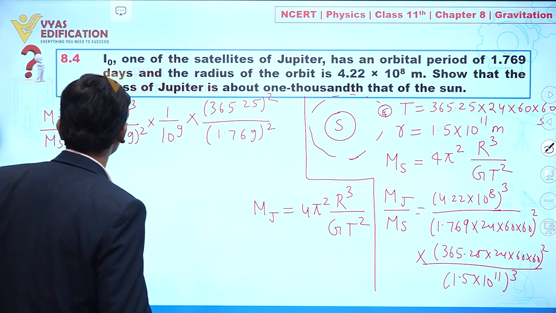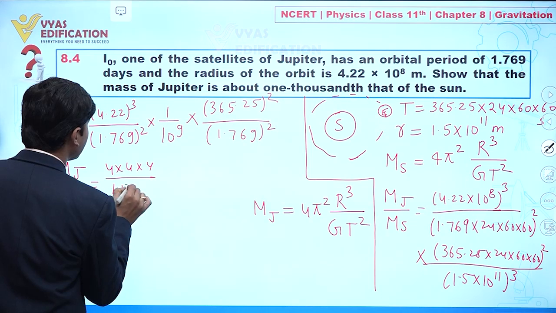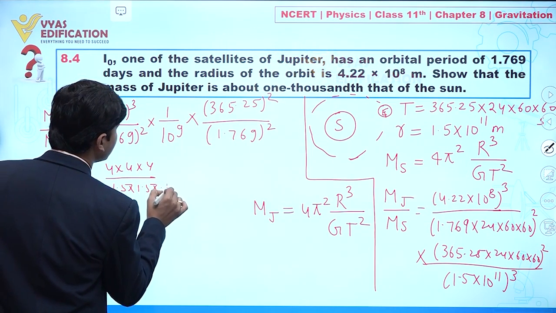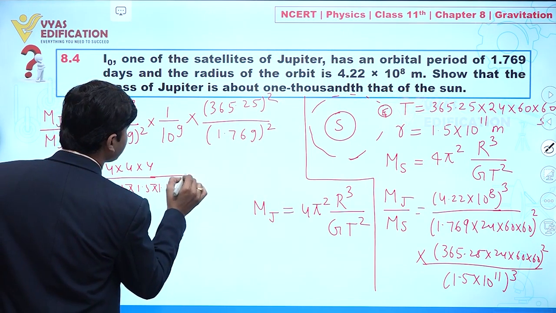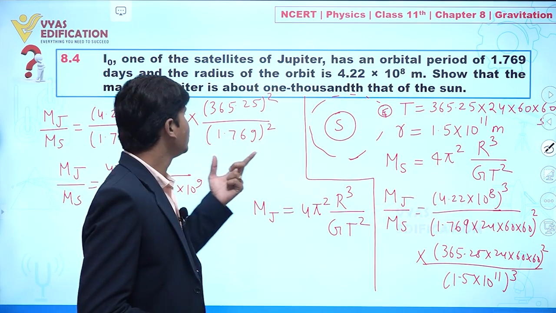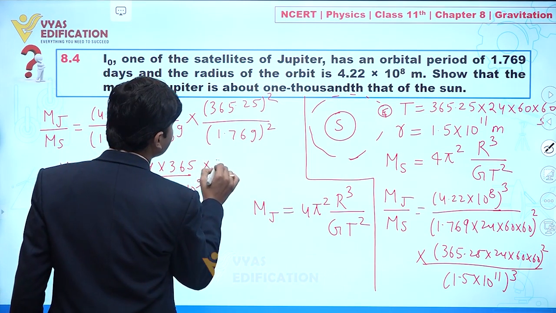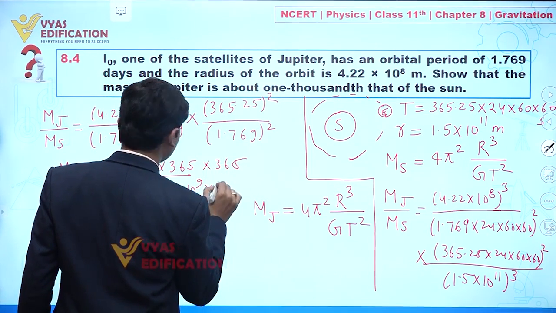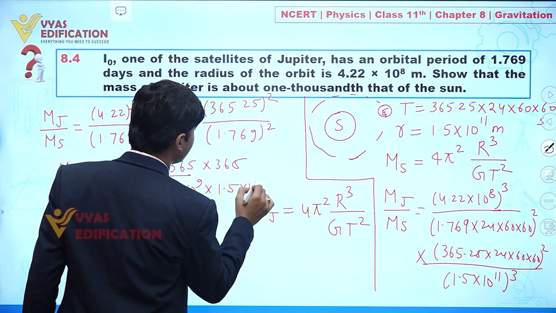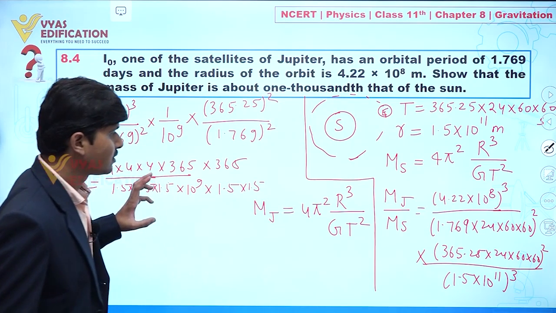So at that time you can say 4 into 4 into 4 divided by 1.5 into 1.5 into 1.5, clear, and multiply into 10 to the power 9, clear. Then 365 multiply 365, approximate we can say 1.5 into 1.5, clear to you.